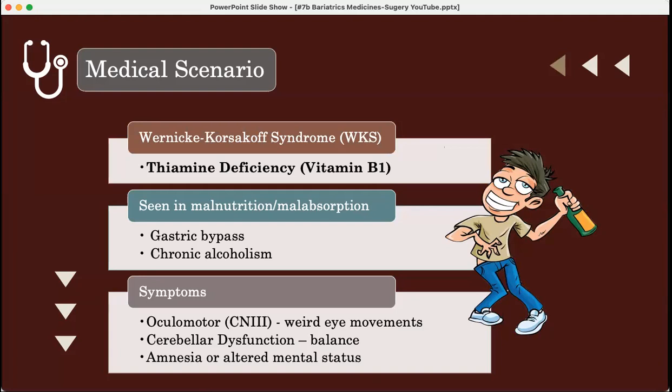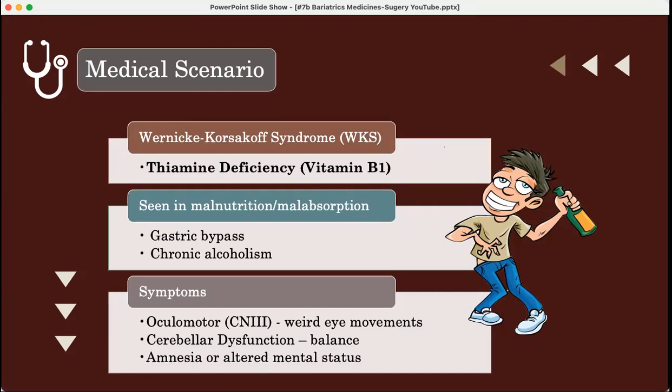This was most commonly seen in patients with chronic alcoholism and severe malnutrition. They develop oculomotor problems, which means their eyes kind of go off in different directions. Confusion, so people misinterpret the confusion from the vitamin deficiency for being intoxicated.